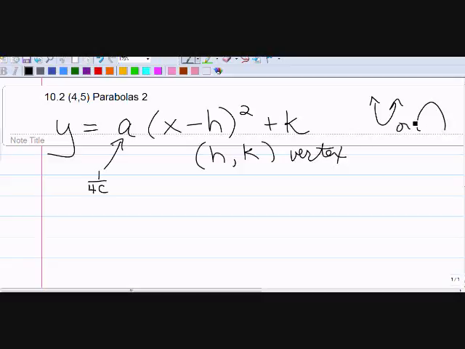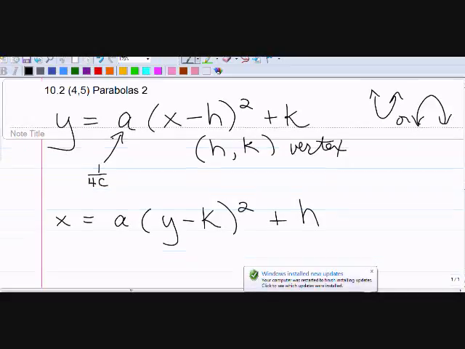or down. But we talked about parabolas yesterday that go sideways, left or right. So those were always x equals y squared. But we can also shift them around and put their vertex in a different place. And that format is going to be a, parentheses y minus k, little change there, squared plus h.